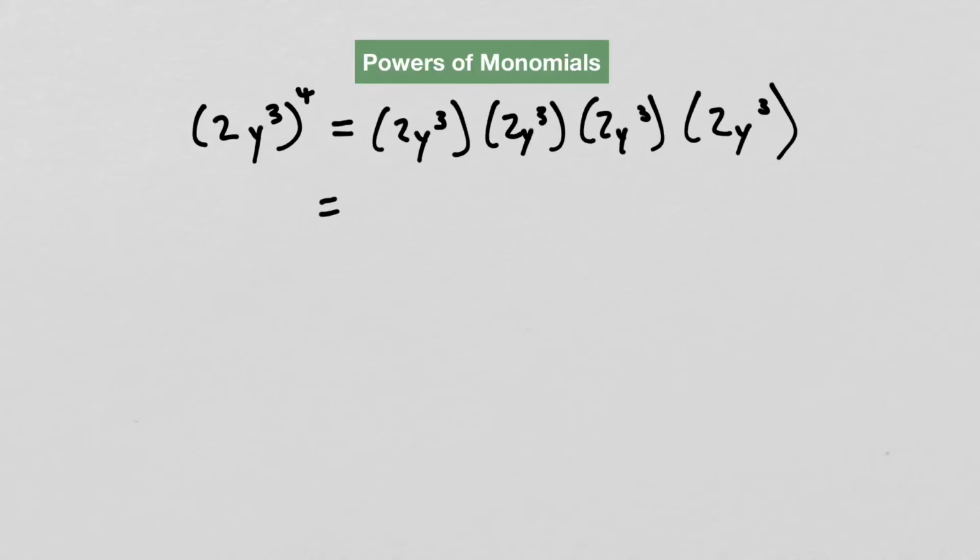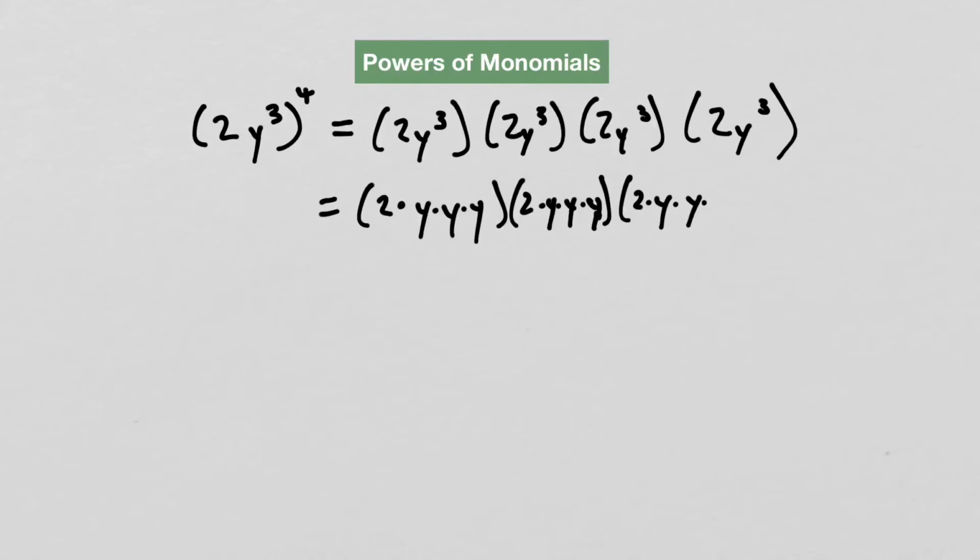We know that this is also equal to 2 times y times y times y times 2 times y times y times y times 2 times y times y times y times 2 times y times y times y.